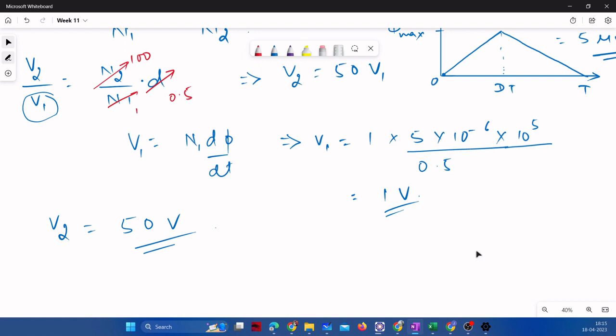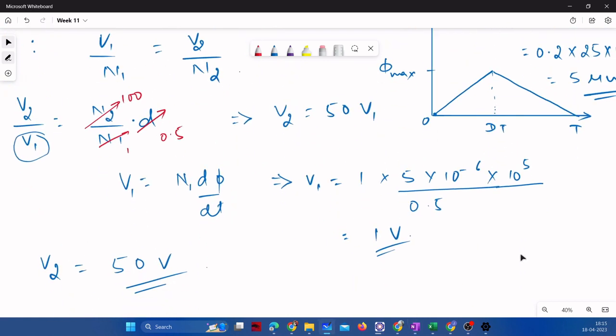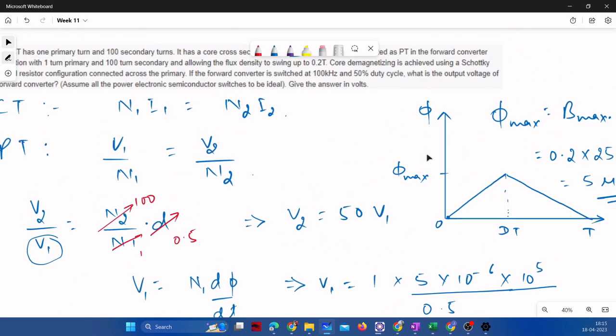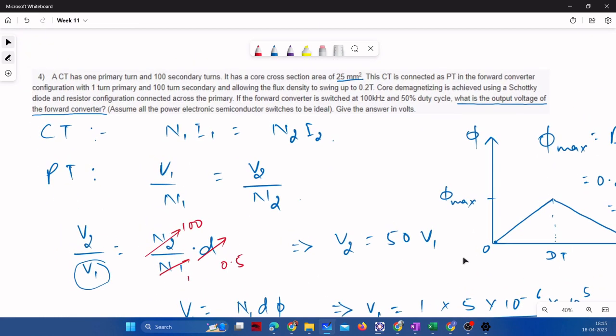Sir, its output voltage is 50? Yes. In the question itself it was mentioned to compute the output voltage of the forward converter. This is the secondary voltage now, sir. Yes, it is the secondary voltage only. Then we have to multiply with the duty ratio to get an output voltage.